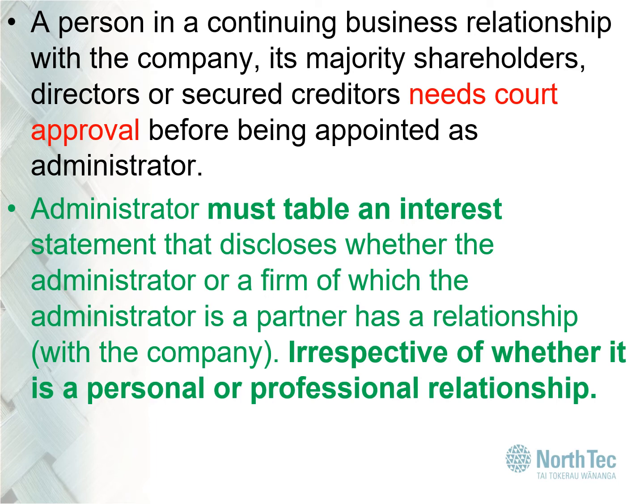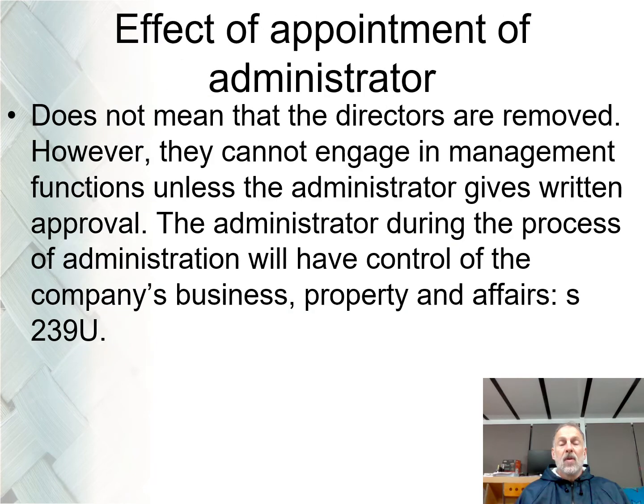The administrator must table an interest statement that discloses whether the administrator or a firm of which the administrator is a part has a relationship with the company, irrespective of whether it's a personal or a professional relationship. The effect of an appointment of an administrator, people, it does not mean that the directors are removed.